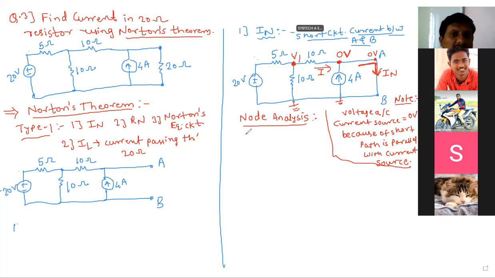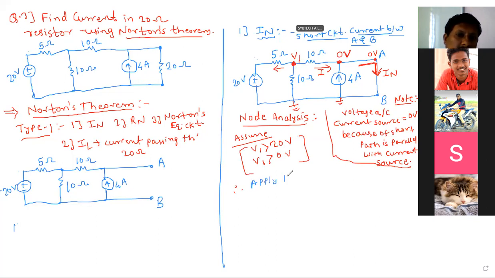Now, nodal analysis, for that assumption will be this is outgoing current. So for that, assume V1 is greater than 0. For this branch, V1 is greater than 0 already. Okay, now you can apply KCL at node V1.